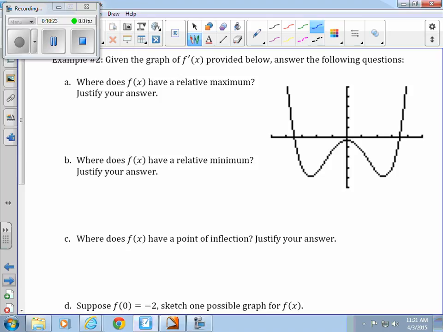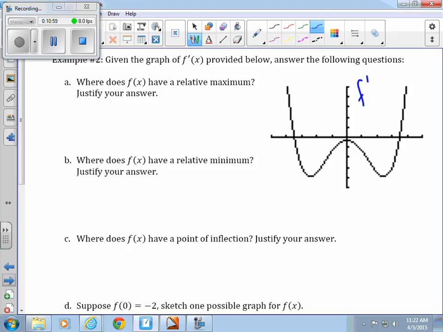It's the graph of f prime of x. Why do I need to know that? It drastically changes my answers, doesn't it? Anytime you see a question with a graph involved, please ask yourself the question, what is this the graph of? Always ask yourself, what is this the graph of?